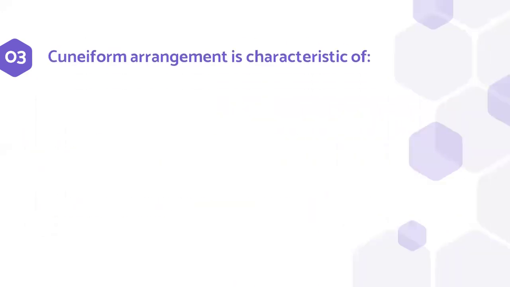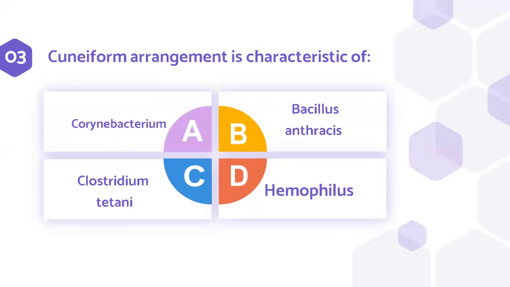Next question, cuneiform arrangement is characteristic of option A Corynebacterium, option B Bacillus anthracis, option C Clostridium tetani, option D Haemophilus. Here the right answer is option A, Corynebacterium.